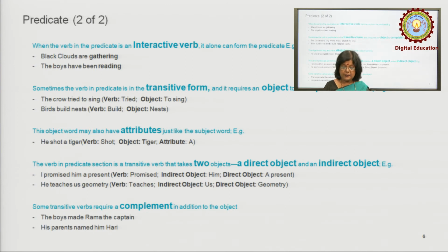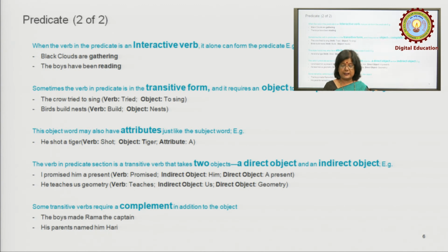Some transitive verbs require a complement also sometimes, otherwise the sentence will be incomplete in addition to the subject. Before we end up, let us understand this portion also, because many times I have seen that students get confused about this complementary part, that what is the role of complement here in these sentences. Suppose I say: The boys made Rama the captain.